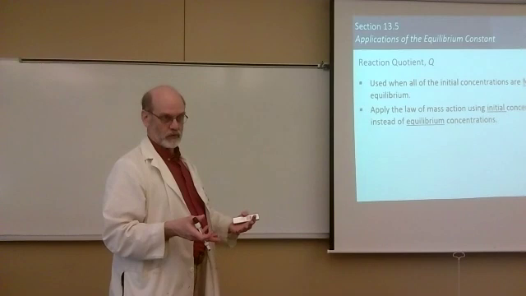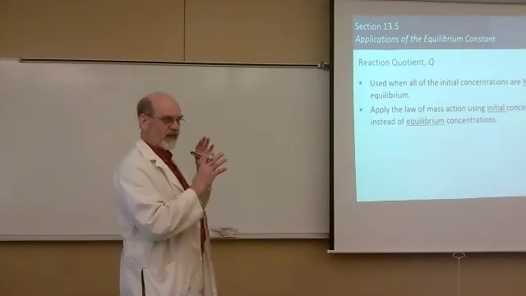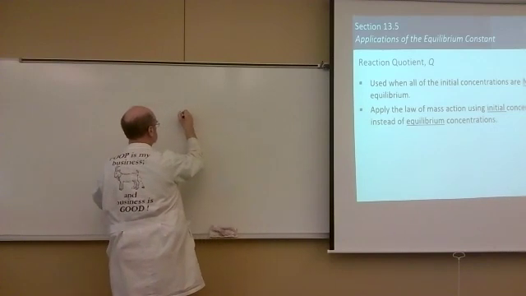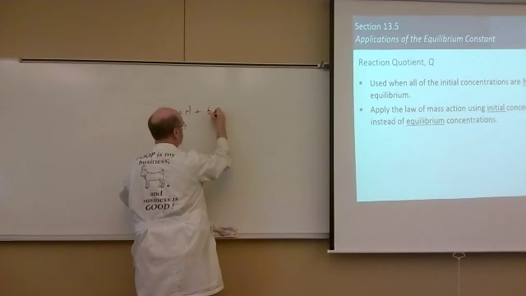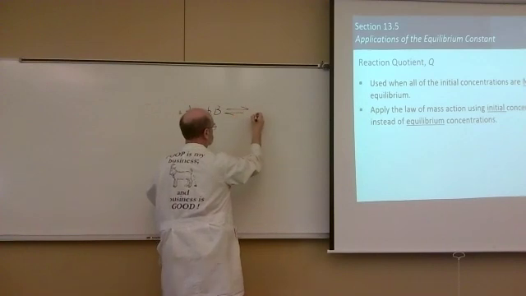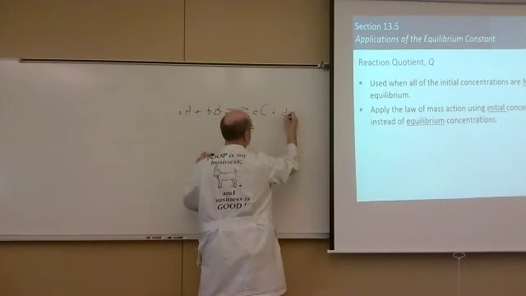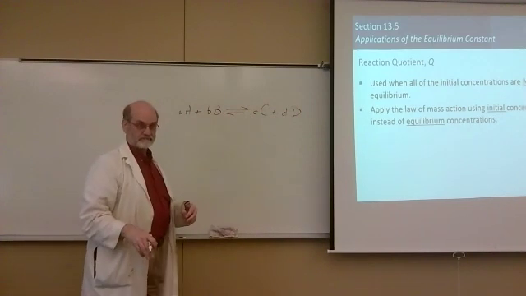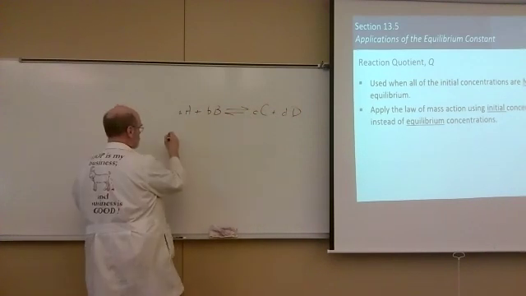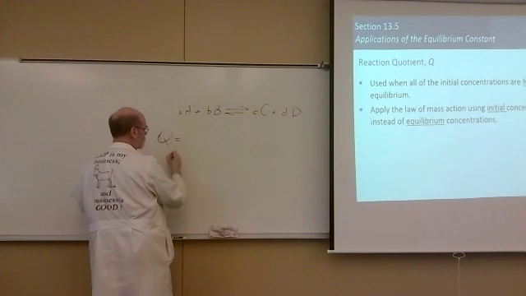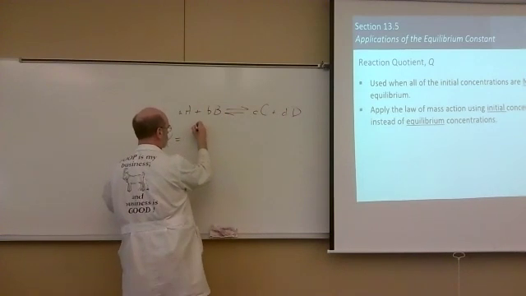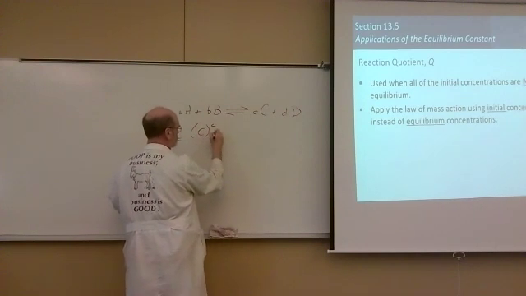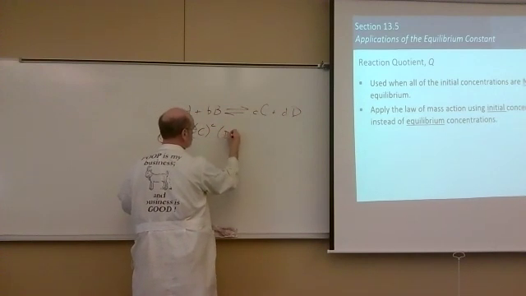We call it a Q. Uses the same reaction, but we're not at equilibrium. So if we write the expression rather than K, we write Q, and in that case we use just parentheses to distinguish between the two.